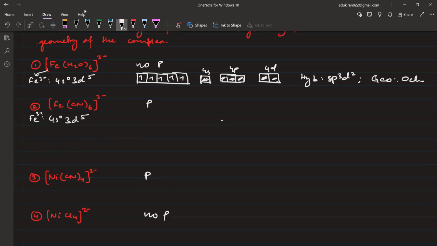4s0, 3d5. सबसे पहले one, two, three, four, five. The 4s is as it is, right? This is 3d, this is 4s. Now pairing takes place.